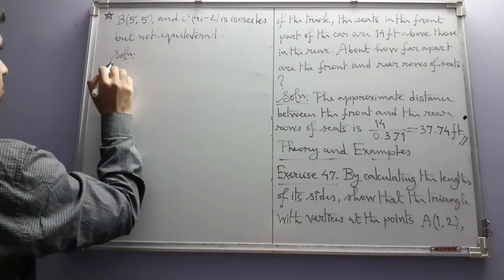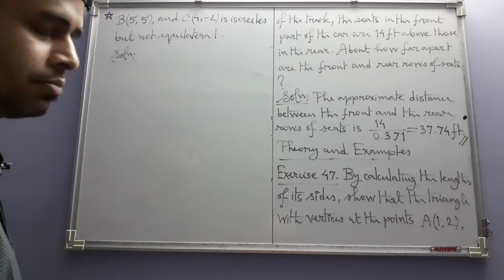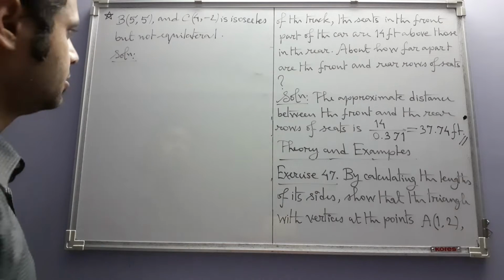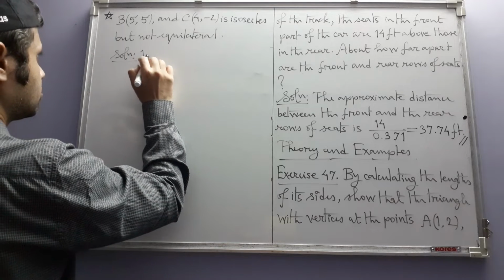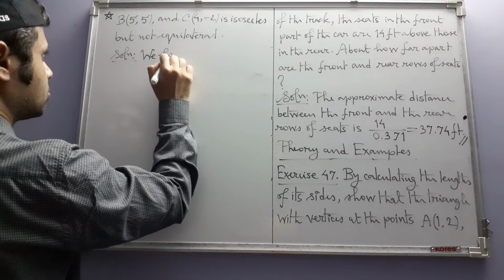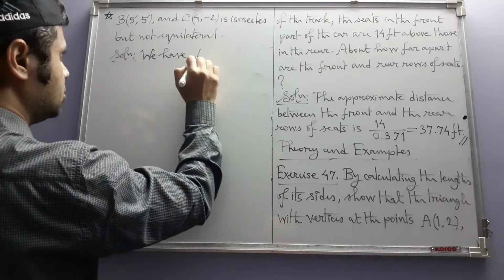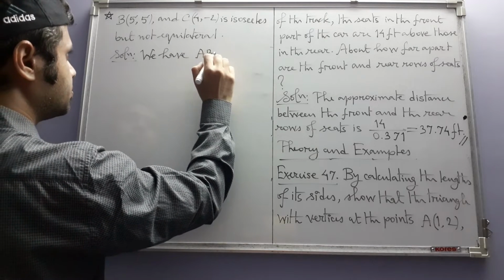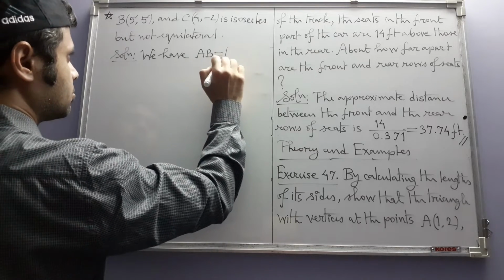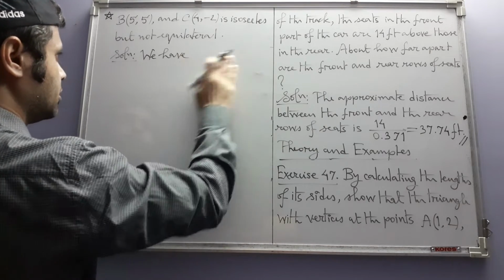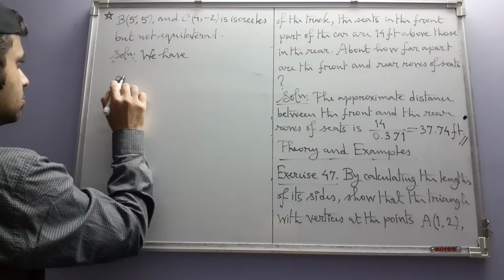So it's quite straightforward. We just have to find the lengths of the three sides, which we calculate one by one. I think it will be better to write like this.